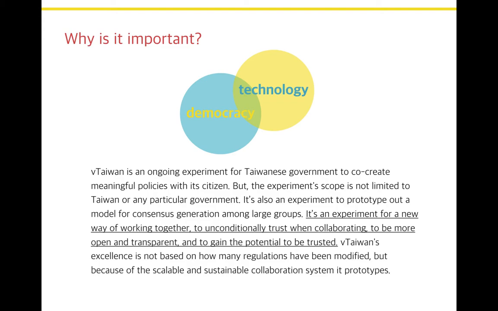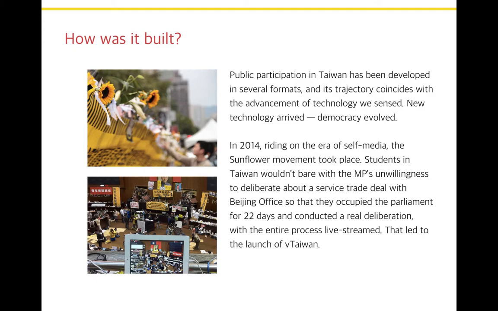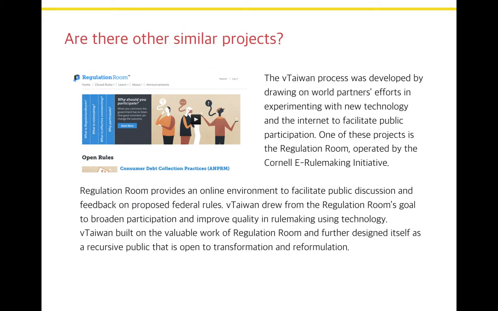So if you ask if there are other similar projects, yes, there are many. Many projects in the world have a similar goal in forms of such as direct democracy, digital democracy, rough consensus generation, better way for many people to make decisions together, and so on.